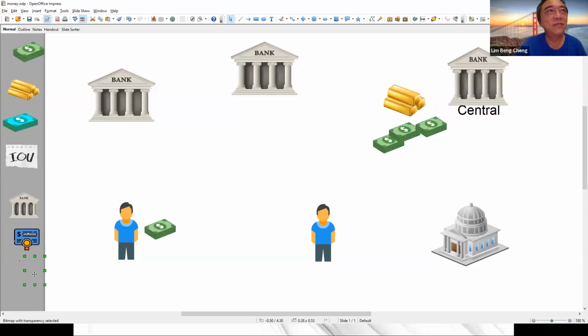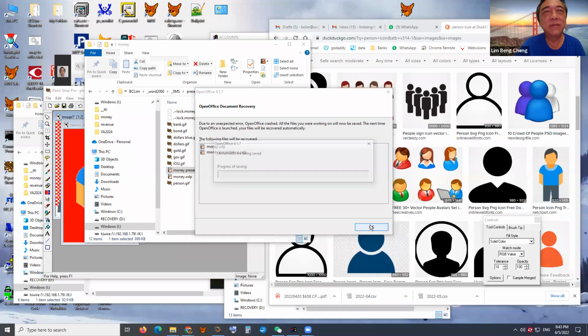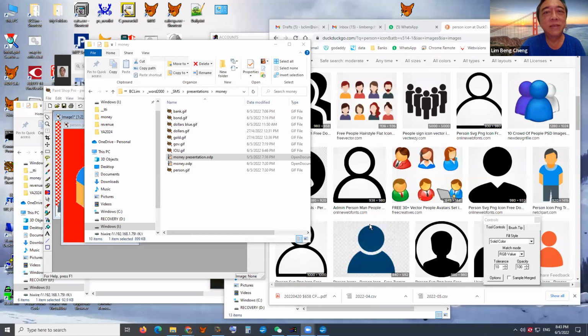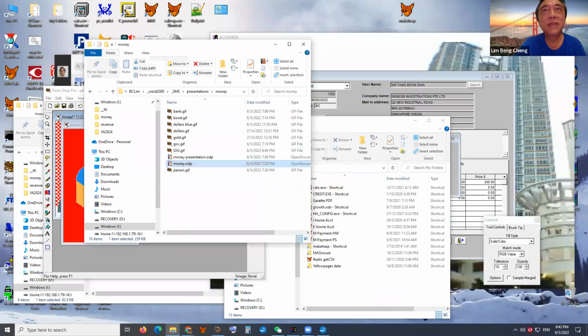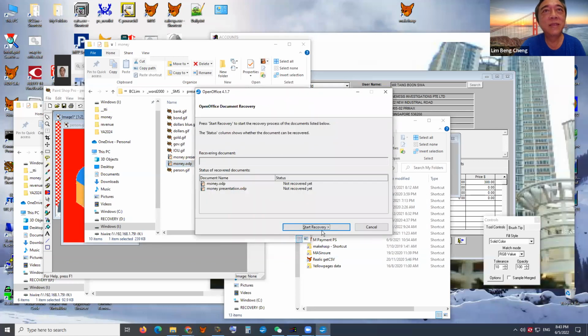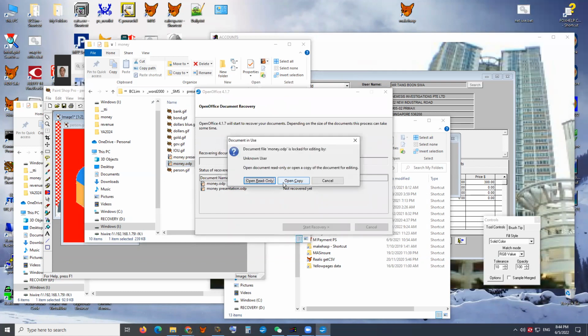Oh, the picture will disappear. Oh, the machine crashed. So there is a financial crisis.